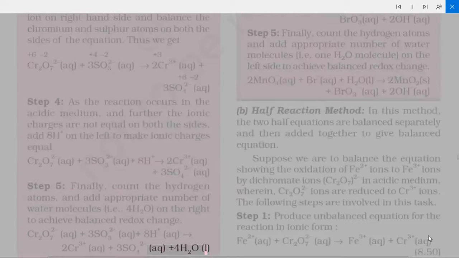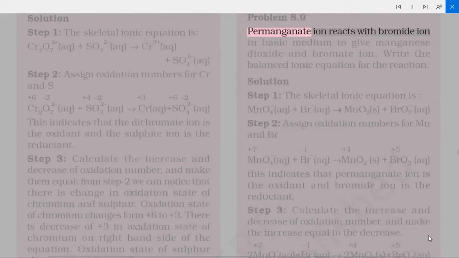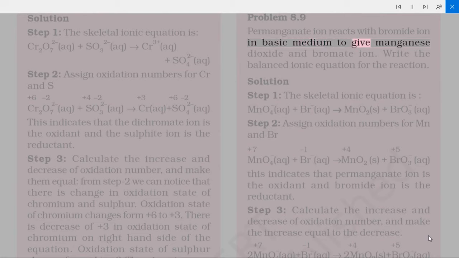Problem 8.9. Permanganate ion reacts with bromide ion in basic medium to give manganese dioxide and bromate ion. Write the balanced ionic equation for the reaction. Solution. Step 1. The skeletal ionic equation is MnO4^- + Br^- → MnO2(s) + BrO3^-.